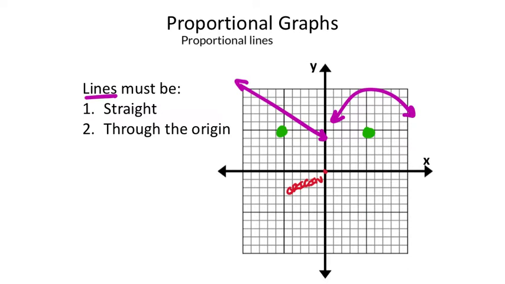And it is possible also to have kind of wavy lines like this one. So this one also is not proportional because, again, it's not straight. So all these examples that we're seeing right here are not proportional. And the only one that really seems like it would have a chance is a straight line.